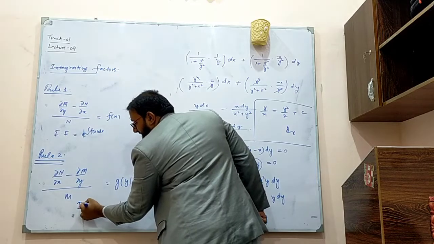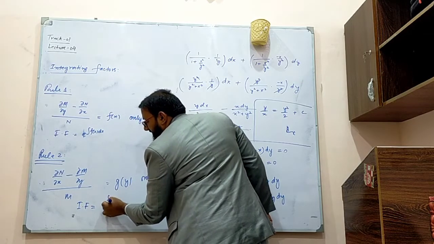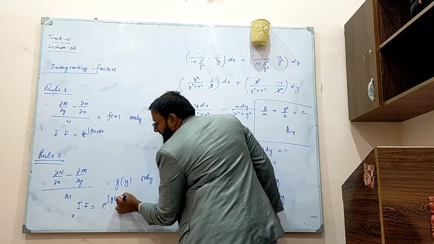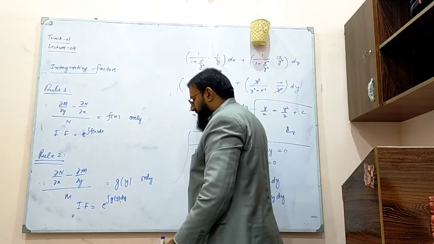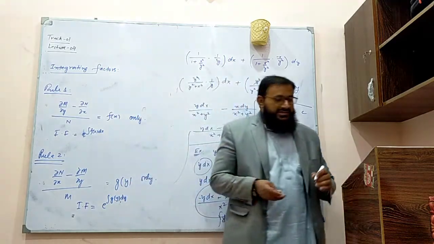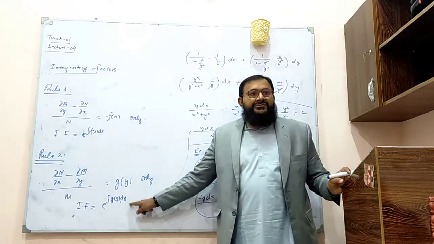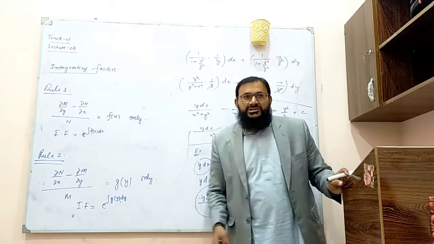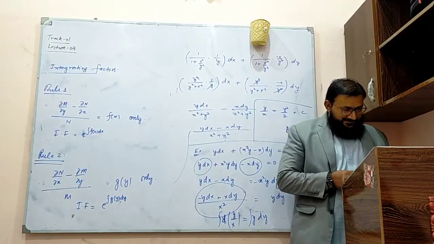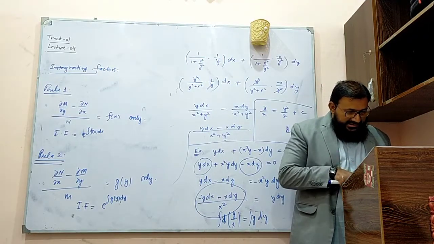Then your integrating factor is e raised to integral g of y dy. So these are two cases. And when you multiply this quantity with your equation, your equation becomes exact. So we'll do one example, then we'll go ahead.